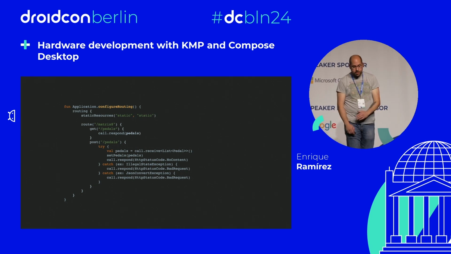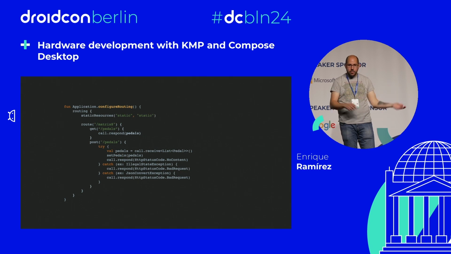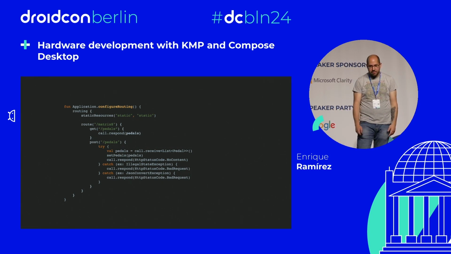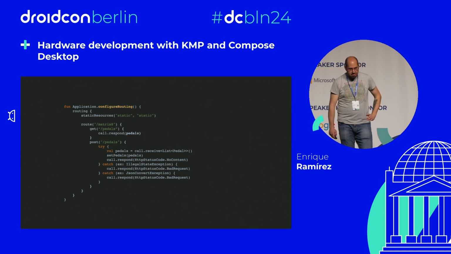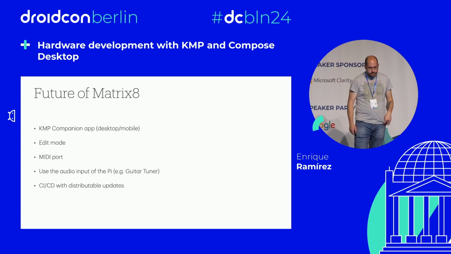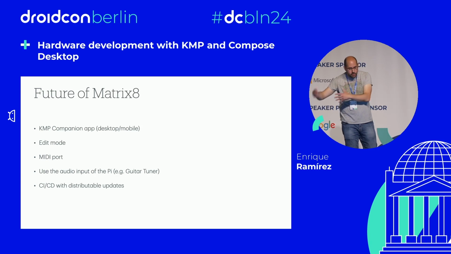You define the route, and you define your GET endpoints, your POST endpoints. If you wanted, you could do a DELETE of a specific pedal, whatever you want. You could use it for passing resources. Fine, easy. And that's what is work in progress.